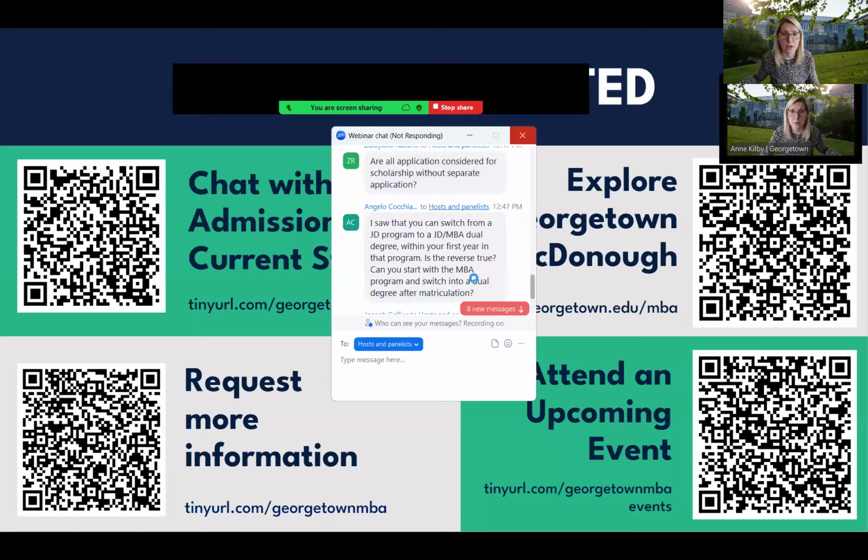Okay, just trying to scroll. Right after this, I'm going to restart my computer because this is very frustrating.